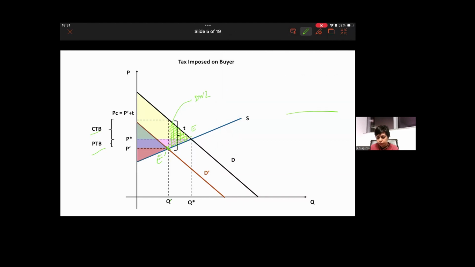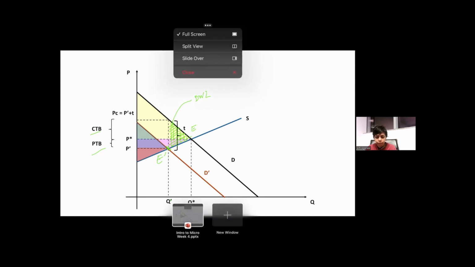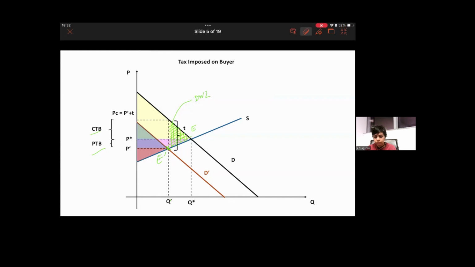Okay, forget it. I don't know why it is not sliding now. Okay, it's stuck. Why am I stuck? Is the audio still on? Am I still connected? Yes, ma'am.